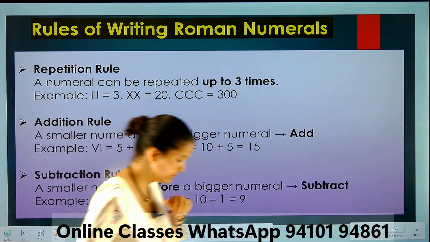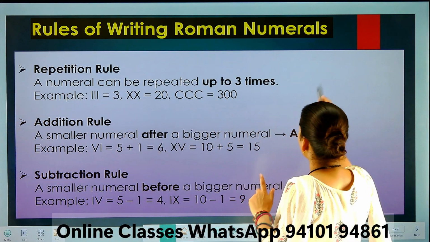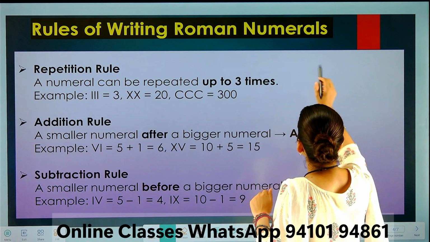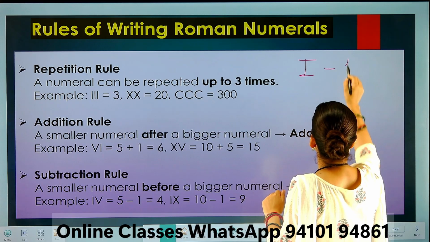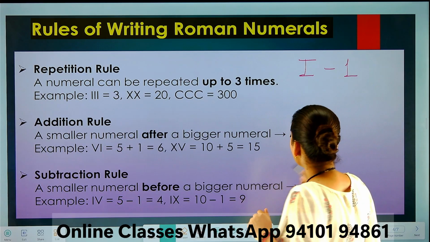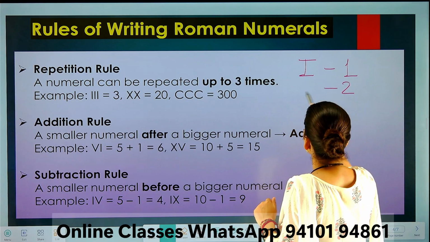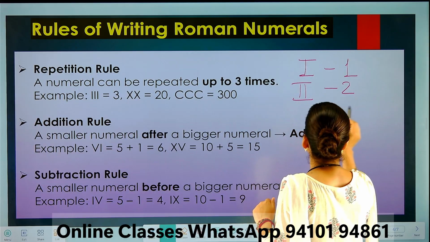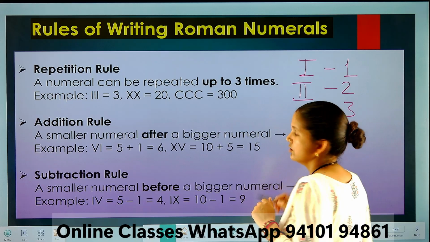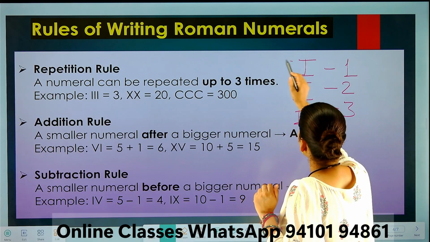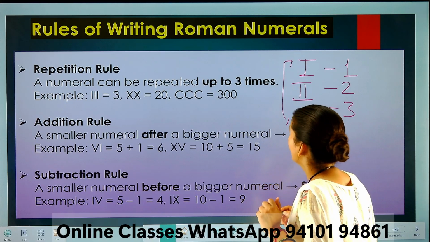How? We denote 1 by I. So how will we write 2? Double I. Then how will we write 3? Triple I. Got it? 3 times we have used I.